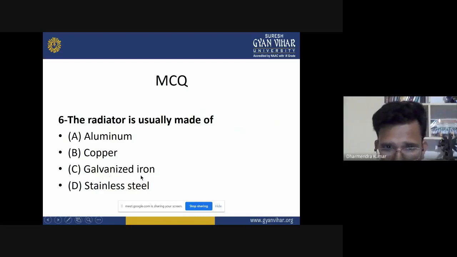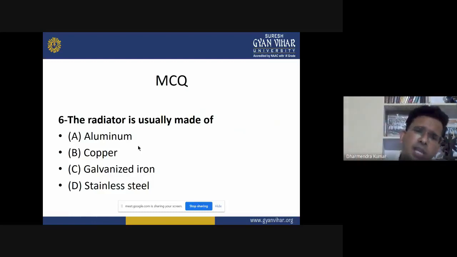Galvanized iron we are not using in making radiators, and stainless steel is also not used in making a radiator. However, some amount of aluminum mixed with the copper is used in making radiators. Then our answer is B. If copper is not in any option, then we surely go with aluminum.